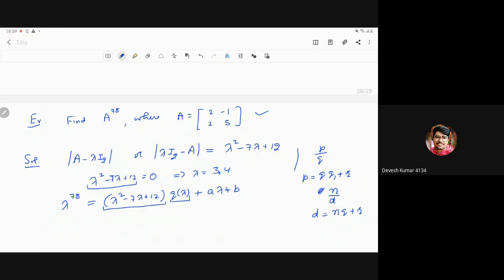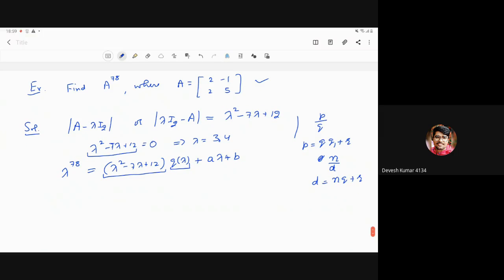Don't you know this? If you divide 22 by 3, can you write 22 like this? 3 into 7 plus 1. Is it clear? This is q, this is r.